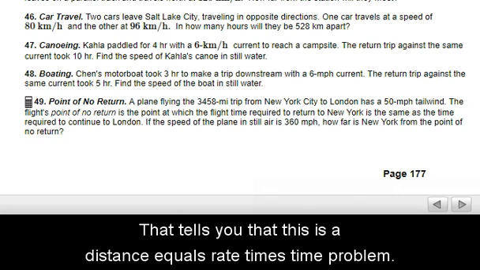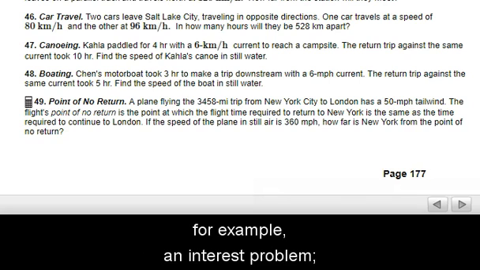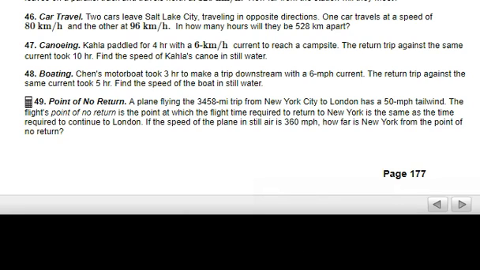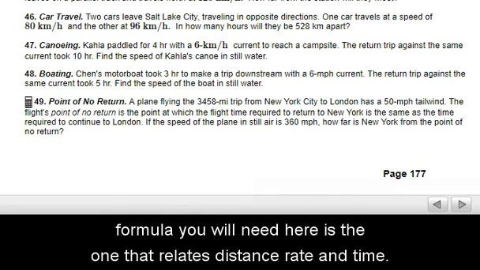That tells you that this is a distance equals rate times time problem, but it also tells you that it's not, for example, an interest problem. There's no banking, there's no money. It doesn't have anything to do with area or volume. So the formula you will need here is the one that relates distance, rate, and time.